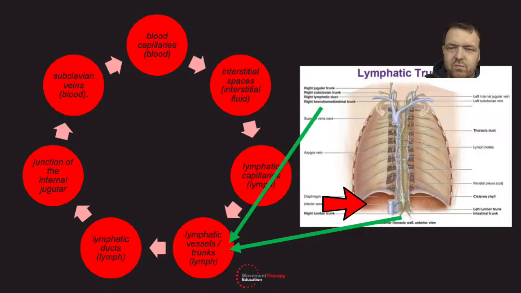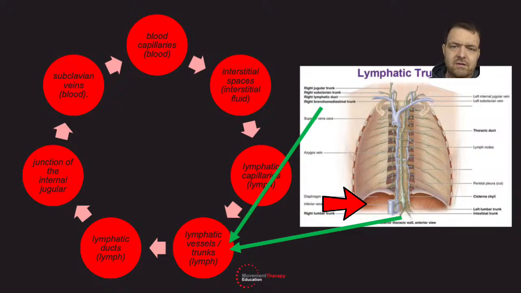The trunks will come from the bigger regions of the body after everything's been cleaned up, and they put the cleaned up lymphatic fluid into the final part of the lymphatic system, which are the ducts. If we compare it to the cardiovascular system, where we've got capillaries, arterioles and arteries, the trunks are more like the arteries.